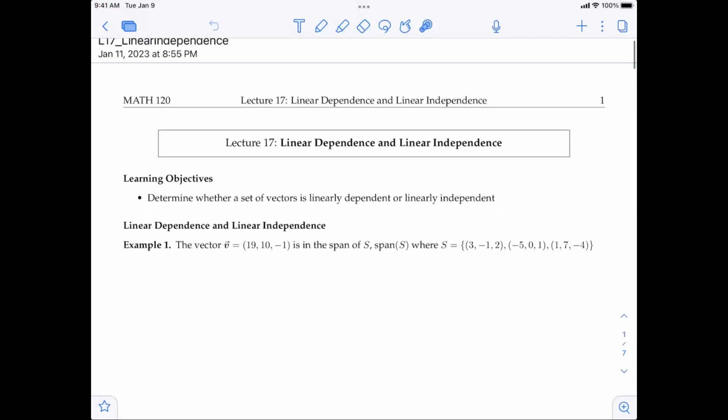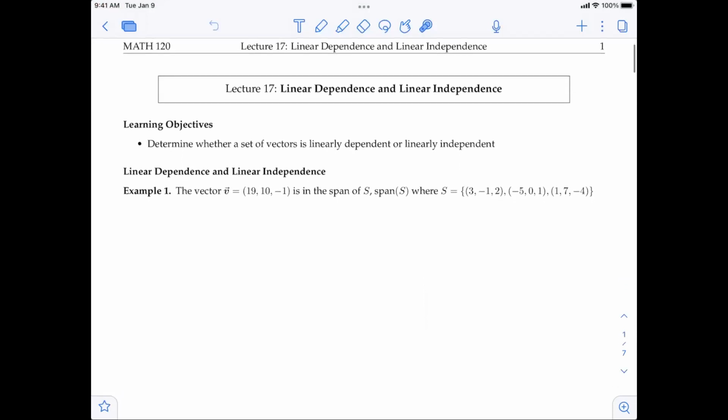For linear dependence or linear independence, we first need to show that the vectors can be written as linear combinations of other vectors. So let's revisit an example for the linear combinations concept that we learned in lecture 16.